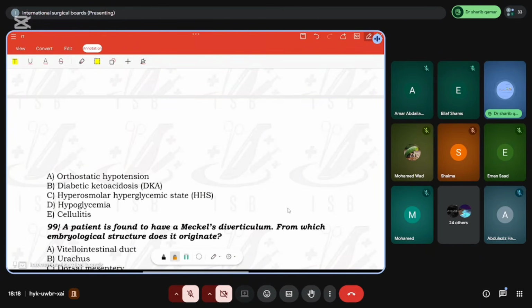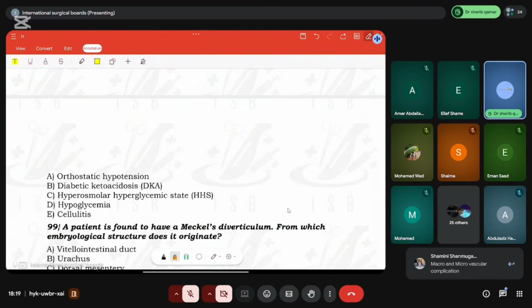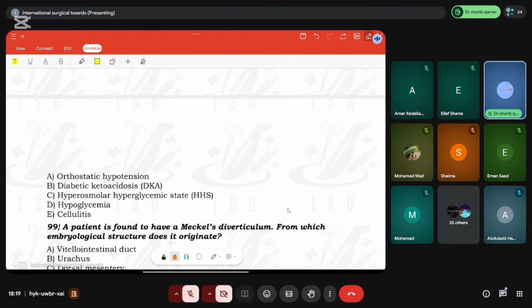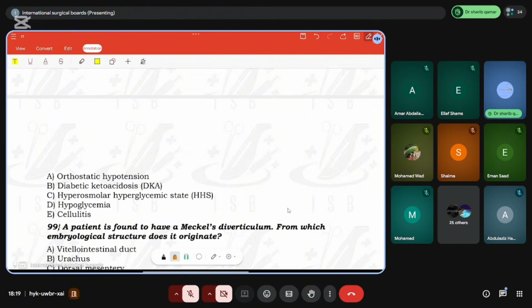Those are all chronic. Acute are like infections. Someone who has DKA, that's acute. Hypoglycemia, that's acute. The hyperosmolar hypoglycemic state is more in type 2 diabetics, but whatever, it's also acute, not a chronic complication.